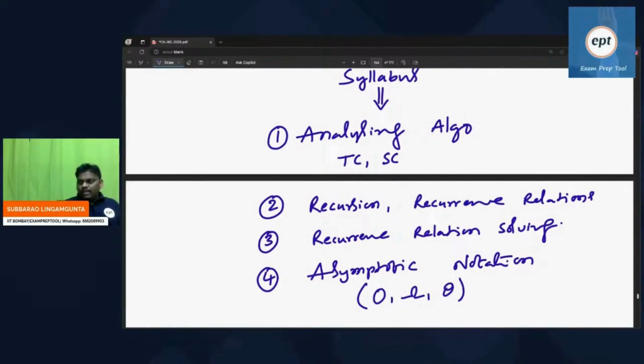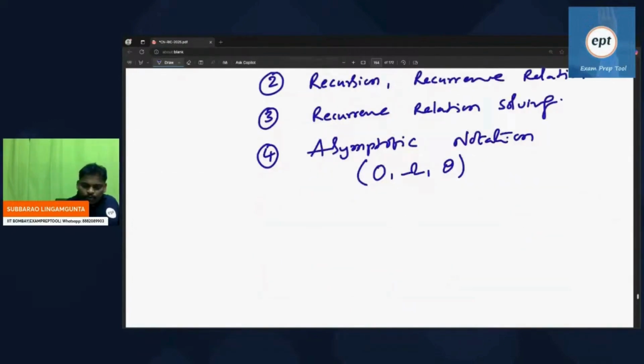Right? First, analyzing algorithms, time complexity, space complexity finding. Next one is recursion, recurrence relation. Next one, recurrence relation solving. Fourth one, asymptotic notation. Fifth one, divide and conquer.